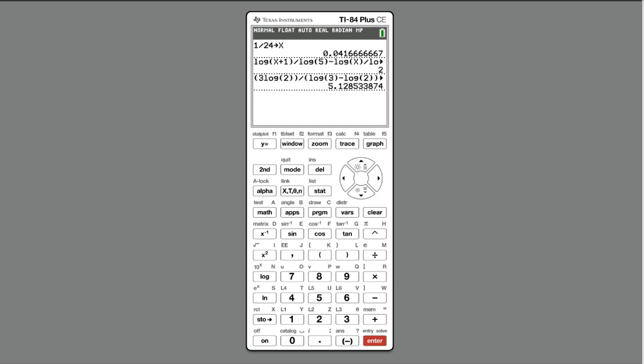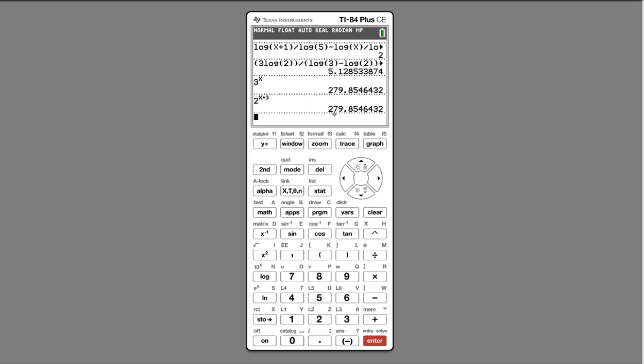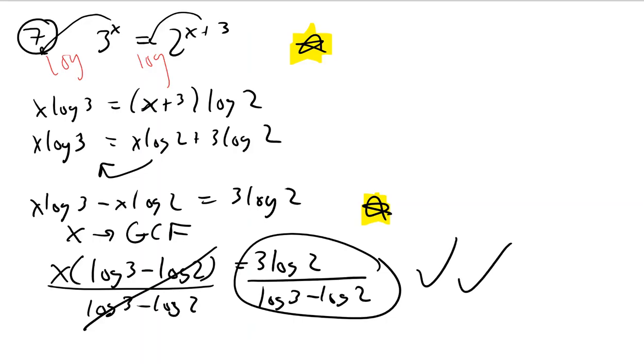And if that's really the correct answer, then it's supposed to solve the original problem. The original problem was 3 to the x is equal to 2 to the x plus 3. So I don't care what those values are, I just want them to be equal. So the left side equals the right side. So even though this answer looks kind of unfamiliar, I'm still 100% confident in it. It definitely works.